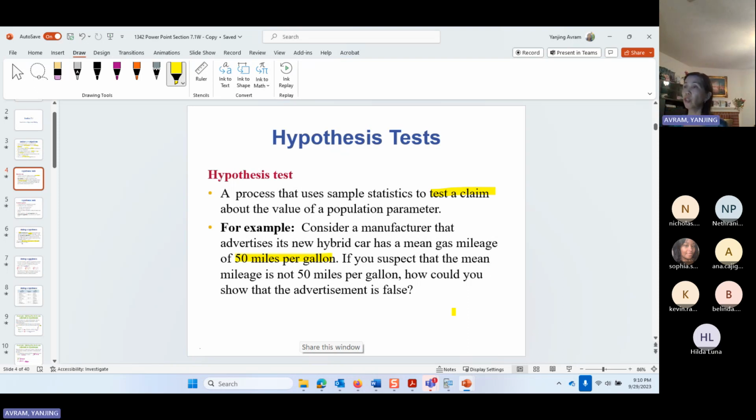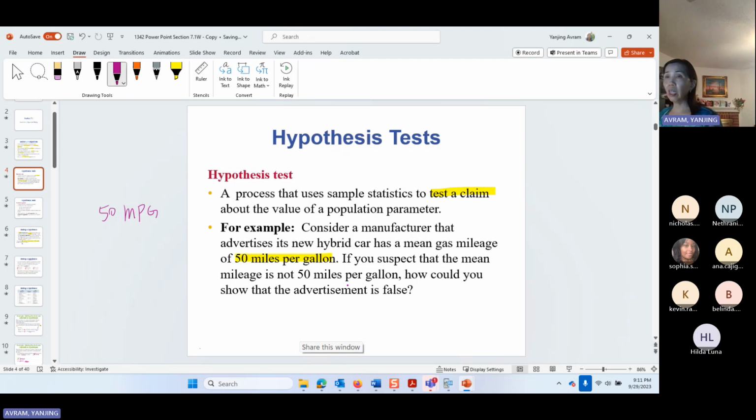If the company tells you, hey, my hybrid cars have a very high MPG, miles per gallon, and this one is 50 miles per gallon, that's pretty high. If you don't believe that, you cannot just tell the car dealer you are lying.